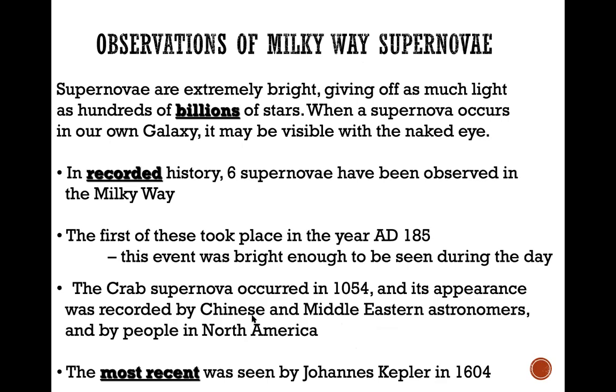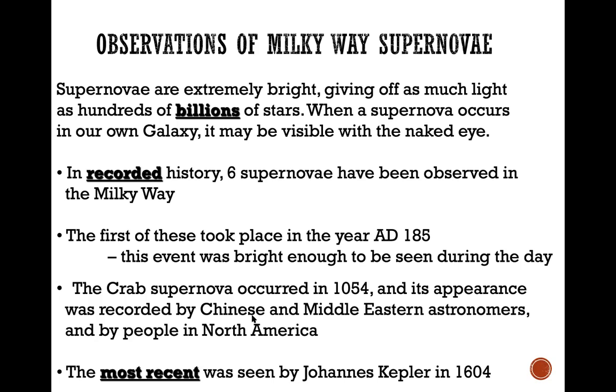Right? Now let's see whether we have observed any of these supernovas. As you see here, in our own Milky Way, we have observed supernovas. These supernovas are extremely bright, giving off as much light as hundreds of billions of stars, right? So when you have a supernova explosion, the light coming out from that explosion will be equal to the light from, let's say, billions of stars, right?